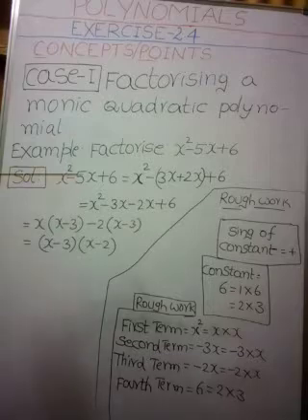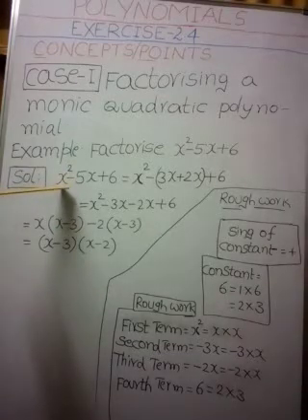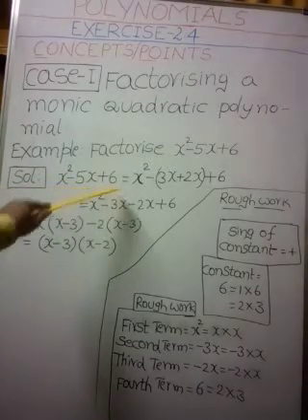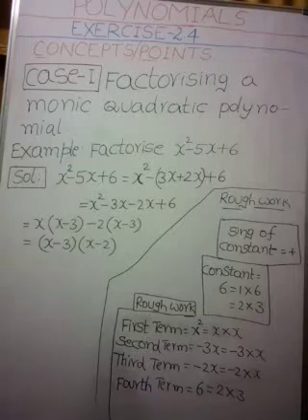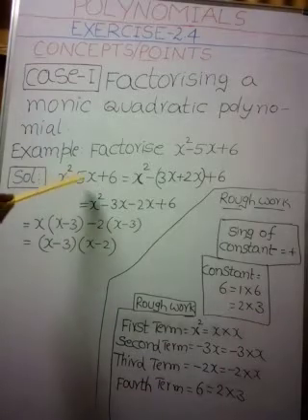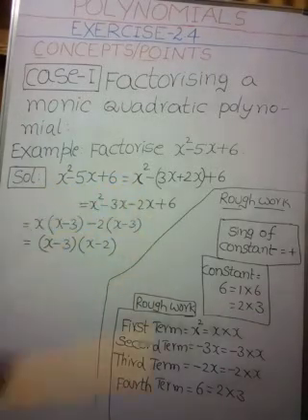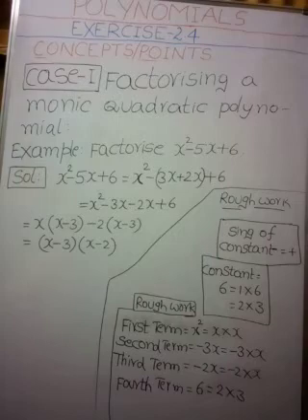Come to the point. x square minus 5x plus 6. We have to write the quadratic polynomial in the standard form. Means first we write the x square term, next the x term, next the last constant term. In this order we have to arrange the terms of the quadratic polynomial.